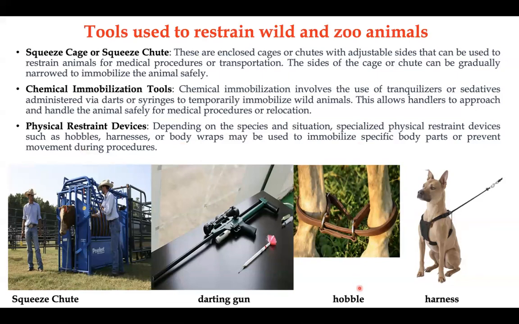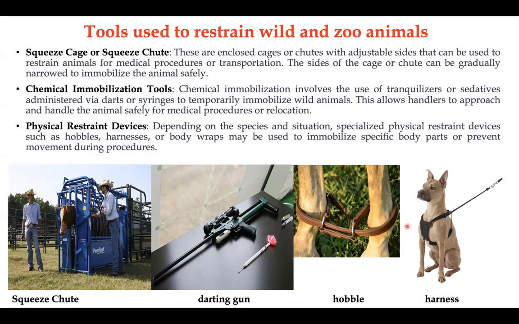In the case of a horse, we use the hobble so that it does not move its legs or kick the handler. As you can see, the horse can also kick sideways, so this helps to prevent them from kicking.